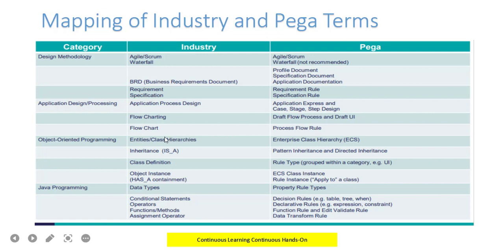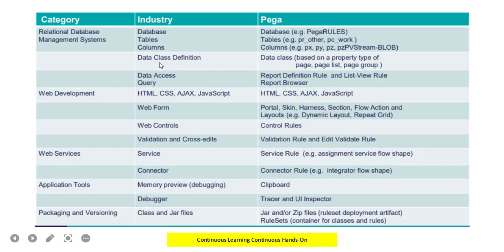Here we have the OOPS concept, the ECS structure, situational layer cake, pattern inheritance, direct inheritance, and the rule classes. All these are the normal terminologies and how Pega differentiates according to the industry. And we have database terminologies, tables. These are all common terminologies that you people already know.